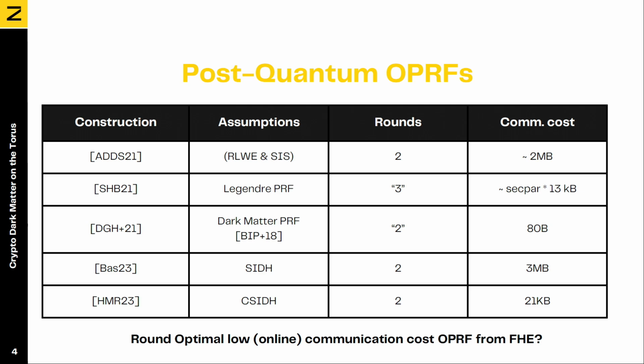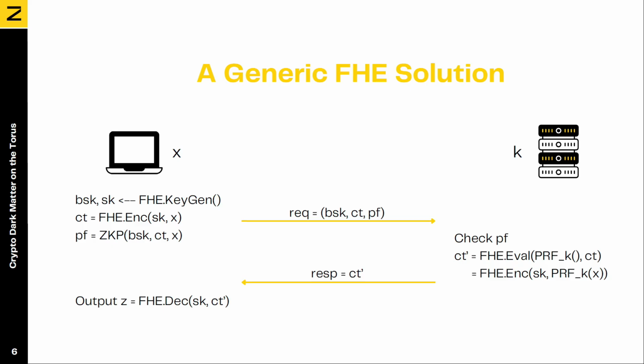Okay, so a question that we wanted to tackle in this work is what can be achieved from FHE? In particular, can we get a round optimal, low communication cost OPRF from FHE? In general, you can build basically any two-party computation, and in particular an OPRF, from FHE using the following recipe. The client would essentially sample an FHE key, encrypt its input, and produce a zero-knowledge proof that all of this was done correctly.